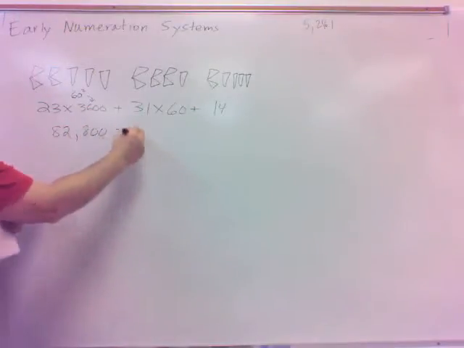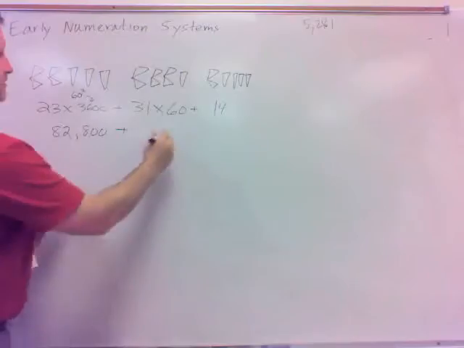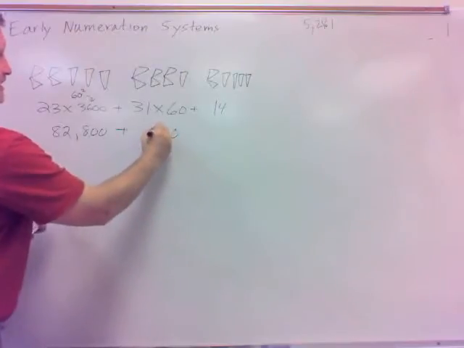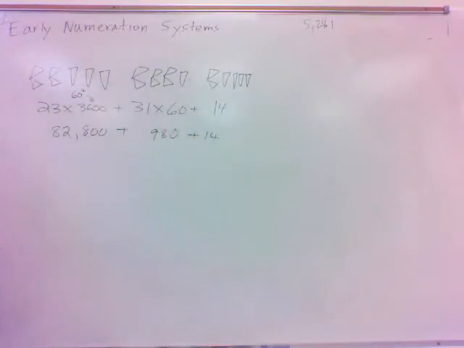82,800. 31 times 60, 1,860. 14. Is that right? And then add those together. What do you got? Did I do it right? Maybe I didn't. I get 84,674.